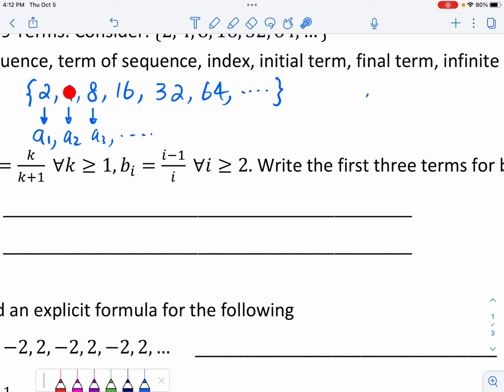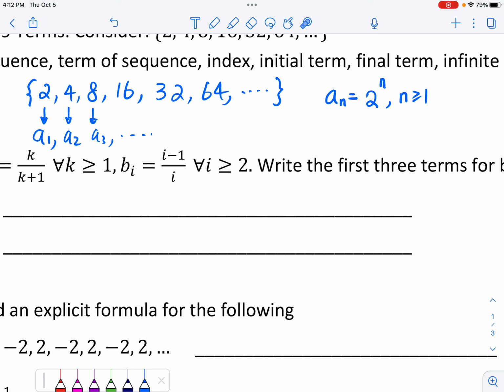So 2 doubled, you get 4. 4 doubled, you get 8. 8 doubled, you get the next one, and so on and so forth. So therefore, I'm going to call my an to be 2 to the power n, okay? Because it's just double from the previous one, where n is greater than or equal to 1. This is called the explicit formula, one explicit formula for this sequence.